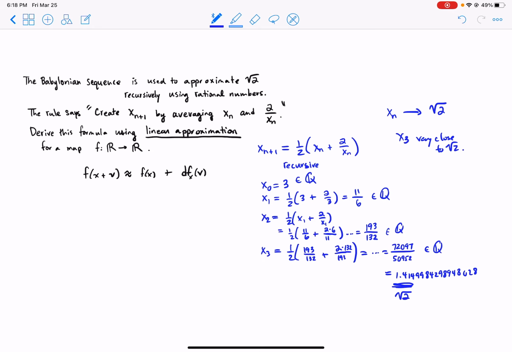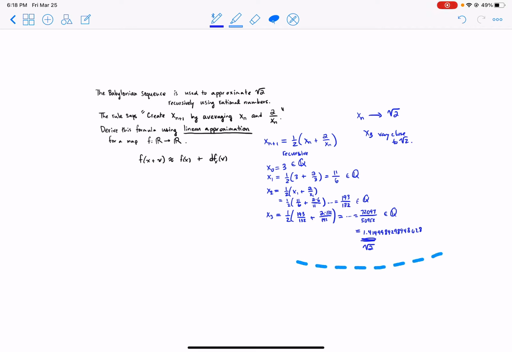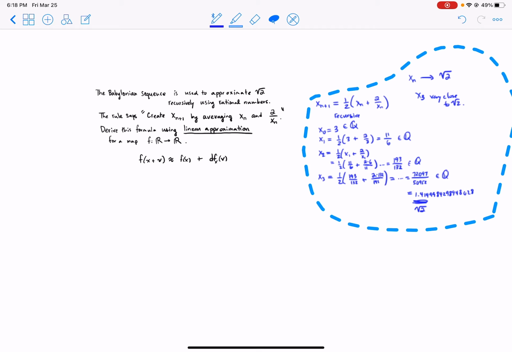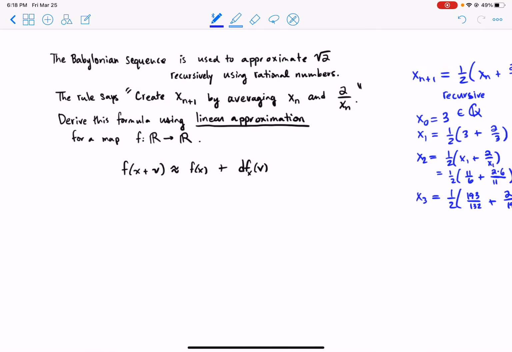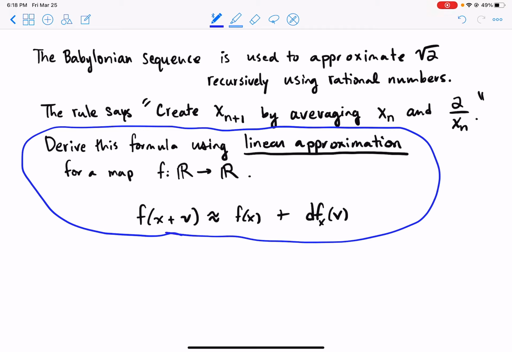Okay. But, so that is how this actually works. But that is not what the problem asks you to do. So let me move this out of the way. What the problem asks is, please derive this formula using linear approximation for a map. In other words, to go back to calculus and think about how does calculus actually give us the formula.